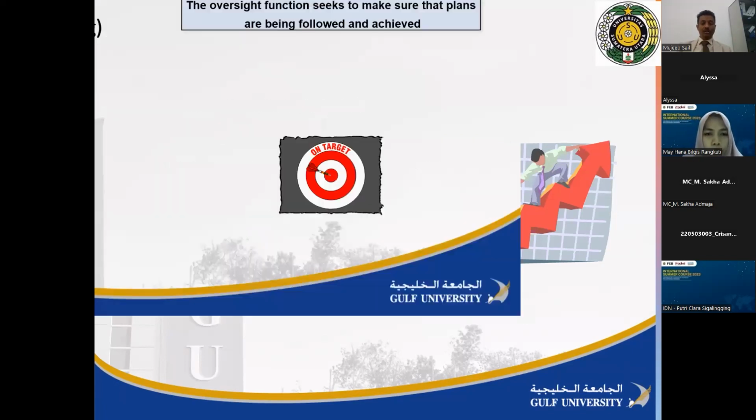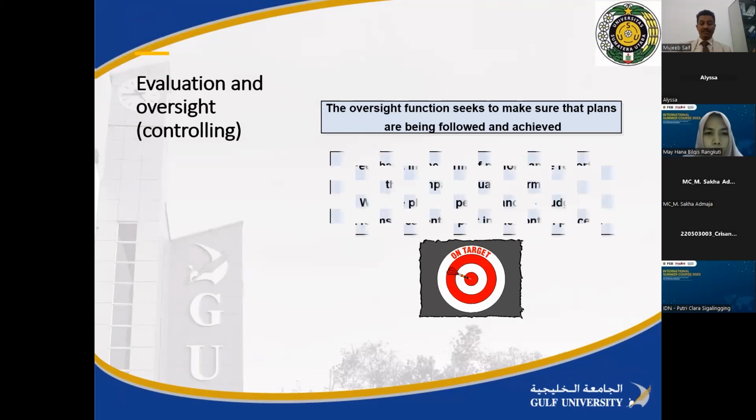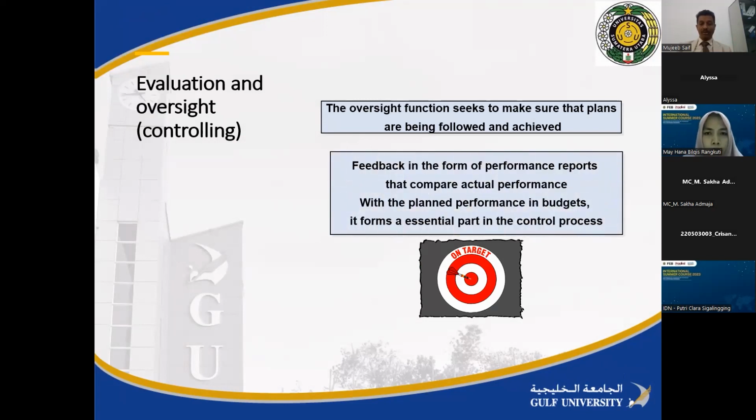And this one is related to control: how we can evaluate the performance and the operation, and how we can control the actual performance. We should compare the actual performance with the plan and see the difference, and investigate this difference in order to avoid this problem in the future.